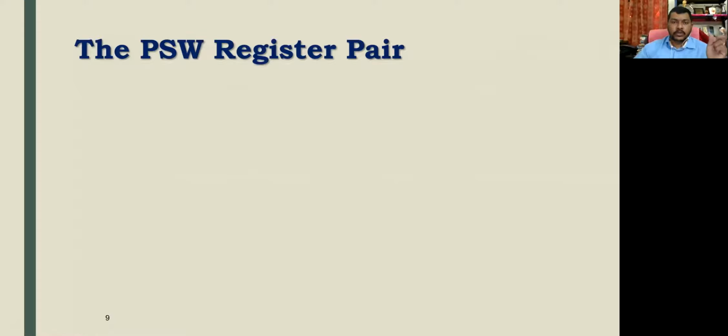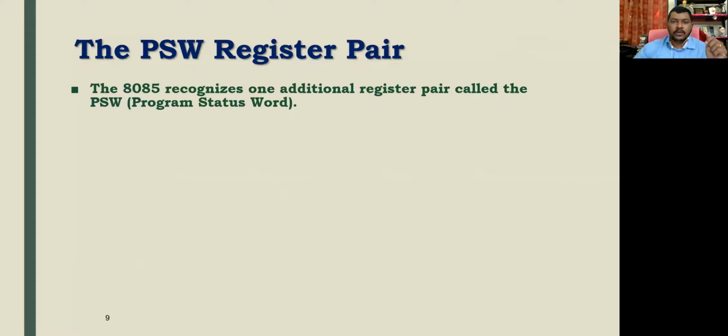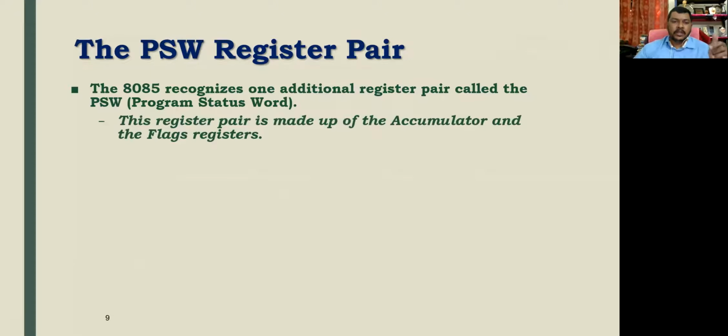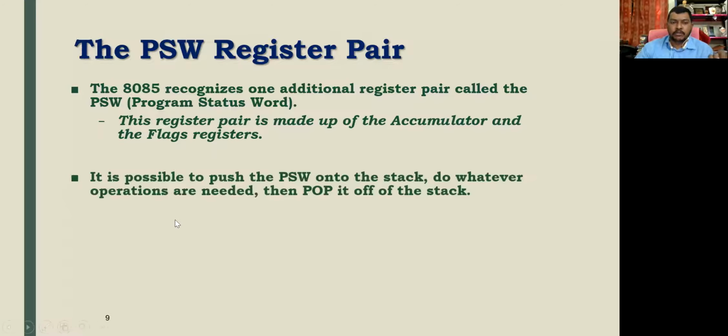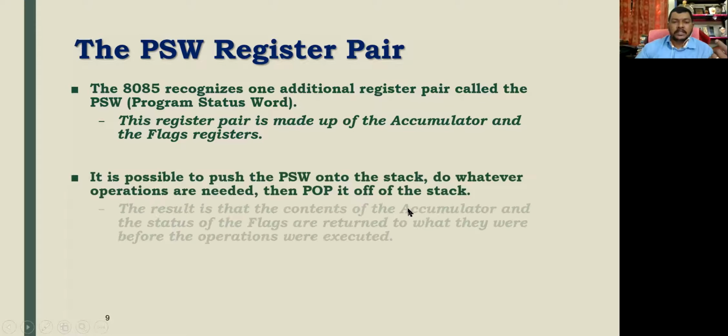So this is for the stack. And then it comes out to be the program status word, a register pair. तो अगर हमारे को इसको पुश करना है, तो उसके लिए क्या है, सो दिस इज ऑल्सो अगेन 8 बिट, तो उसका भी एक कोड बनेगा, राइट? सो रजिस्टर पेयर कॉल्ड एज प्रोग्राम स्टेटस वर्ड, दिस रजिस्टर पेयर इज मेड अप ऑफ एक्यूमुलेटर एंड द फ्लैग रजिस्टर, ये दोनों को मिला के PSW बनता है, राइट? तो दोनों भी 8 बिट के है, तो 16 बिट हो गया। It is possible to push the PSW onto the stack, do whatever operations are needed and then pop it off the stack. तो हम लोग PSW को भी पुश और पॉप कर सकते हैं, right?